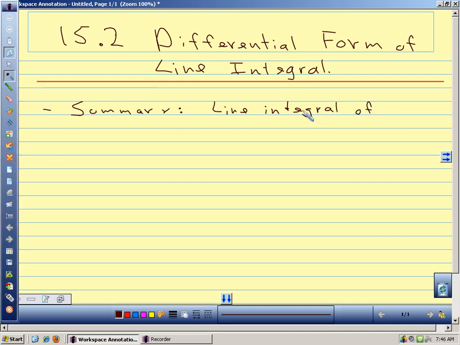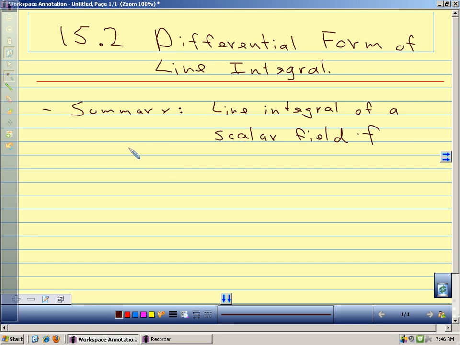So we had a scalar field f, and our curve was C. The line integral was the integral along C of f of x y ds, and we evaluate this by parameterizing the curve.